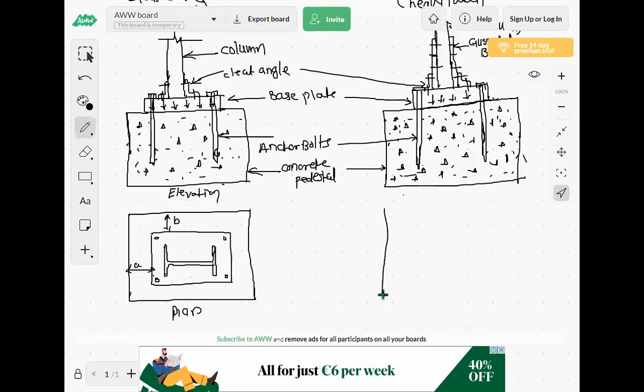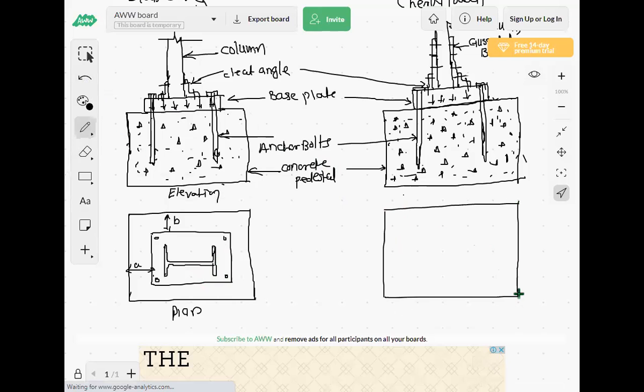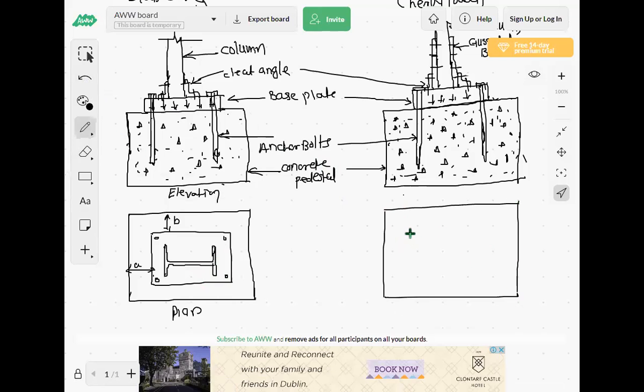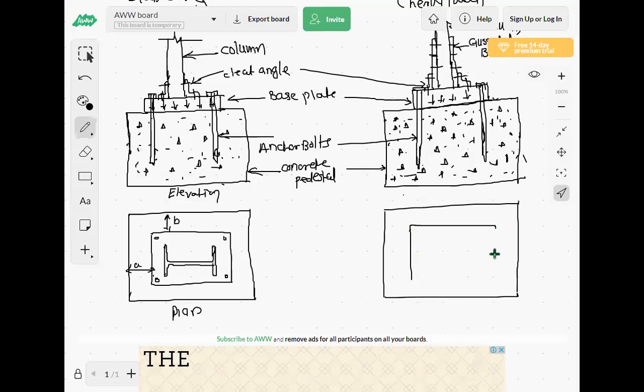The same structure, the same plan, we can draw here. So again the base plate is there.